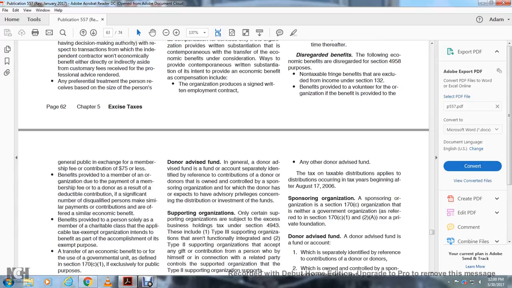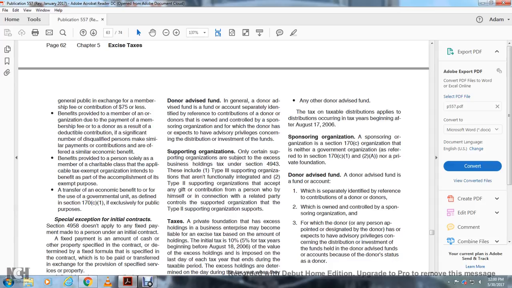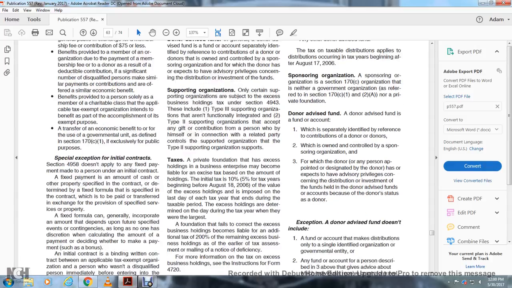Benefits provided to a member of the organization due to the payment of a membership fee may be similar, but the payment of contributions are often of similar economic benefit. Benefits provided solely to a member of the charitable class of the applicable tax-exempt organization, intended to accomplish the exempt purpose. Transfers of economic benefit to a governmental unit as defined in Section 170(c), for an exclusive public purpose.